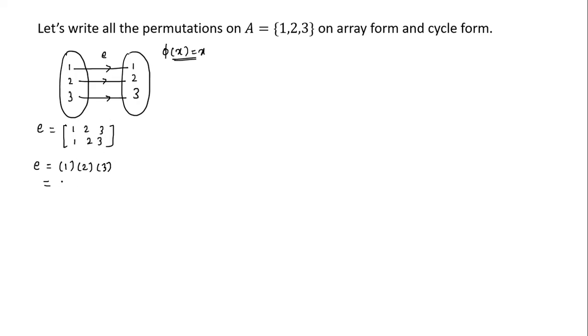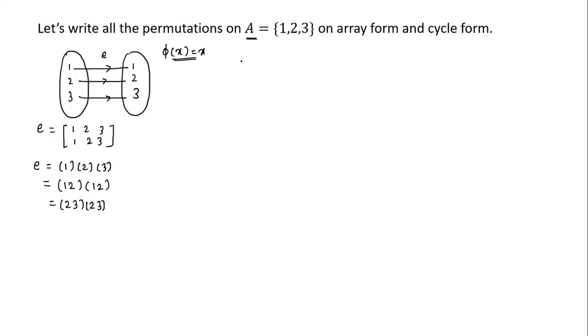And this again you can represent by (1 2)(1 2), or even by (2 3)(2 3). You can just take any two elements from the set A, create a cycle of length 2 and write it twice. At present that is sufficient.